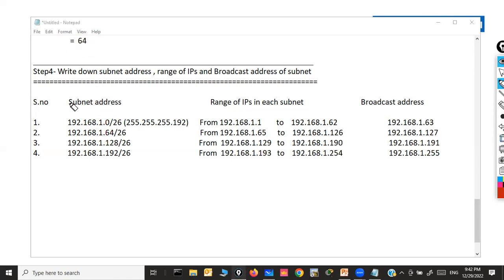So this way, four subnet addresses. The first address of each subnet, as we know, is reserved, and the last is also reserved. First and last cannot be assigned to any network device. Only valid IPs can be assigned, and the valid IP range is 1 to 62: 62 IPs, again 62 IPs, 62 IPs, and 62 IPs.